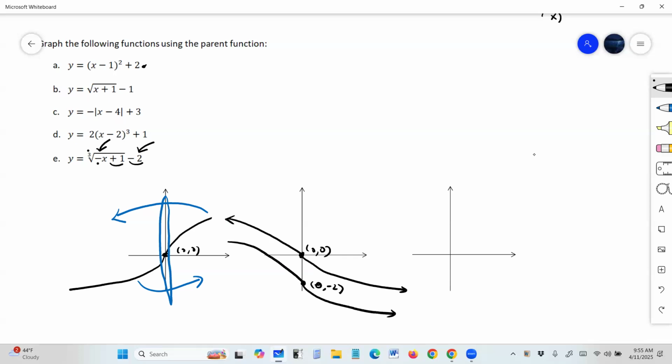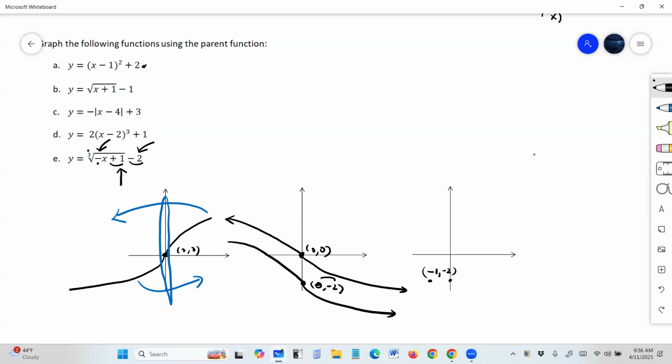And then from here, I will do this transformation, which is 1 unit to the left. So if my point is here, it's going to go right there, to the left by 1 unit. Now, it was 0, -2, so now it becomes -1, -2.